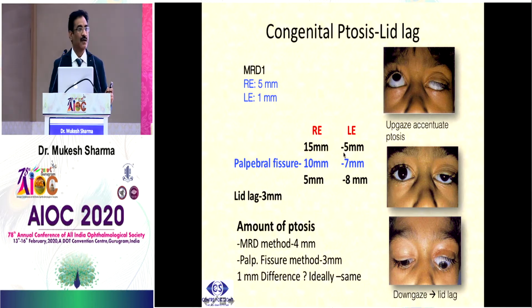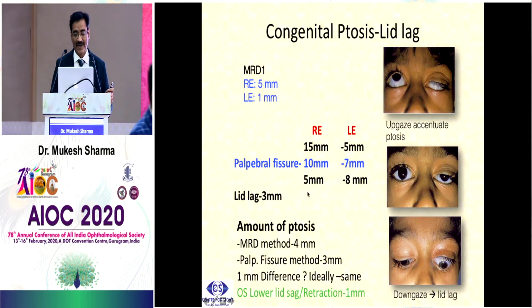But this is not always a rule. There are always some exceptions to the rule. So here, these measurements are not wrong, but there is something else which is happening in the left eye of this particular patient. This left eye is having lower lid sag or retraction also. You can see right eye lower lid is just touching the inferior limbus, while left eye it is going down by 1 mm.